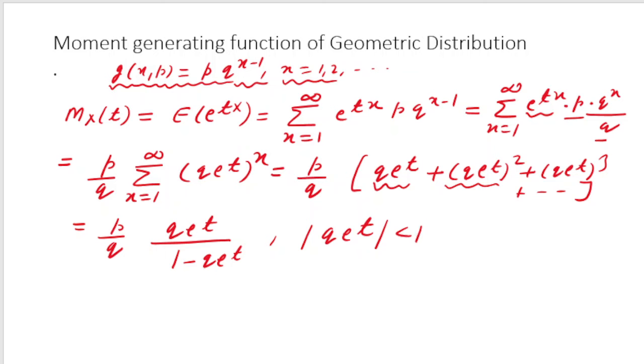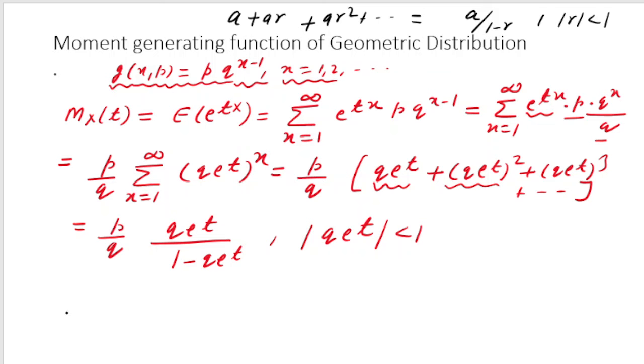Just to give you the context, I hope you remember that we have studied in our previous classes that if the infinite series is a plus ar plus ar^2 and so on up to infinity, then its sum is a by 1 minus r, where we assume that mod of r is less than 1. So this is what we are writing here.